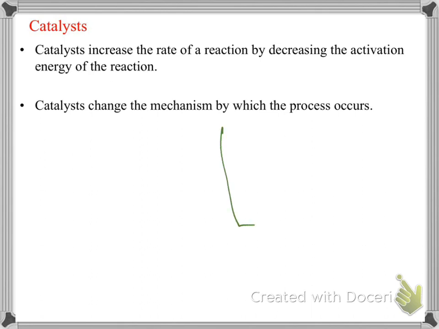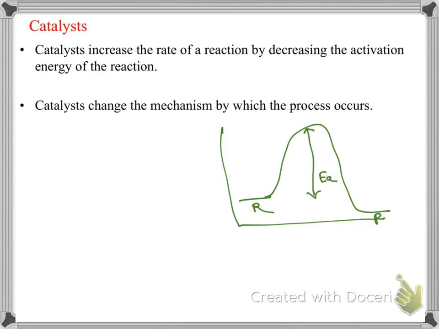So for example, if you have a reaction taking place like this, this is my reactant, this is my product, and this much is the activation energy required for the reactant to produce the product, then in the presence of a catalyst, it might go like this. So what it did, it lowered the activation energy so that the rate can be increased.